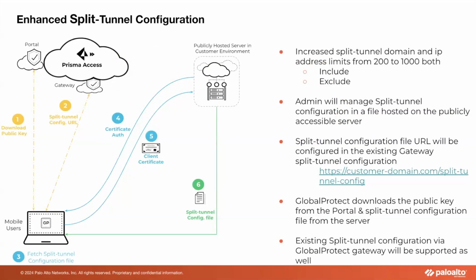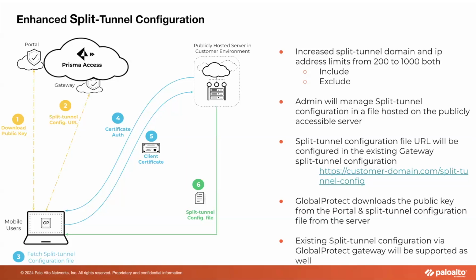The admin will manage the split tunnel configuration via a file that can be hosted on a publicly accessible server. Basically, the gateway should be able to access the server where that particular file is hosted. Then the split tunnel configuration file URL will be configured in the gateway in the split tunnel configuration part.